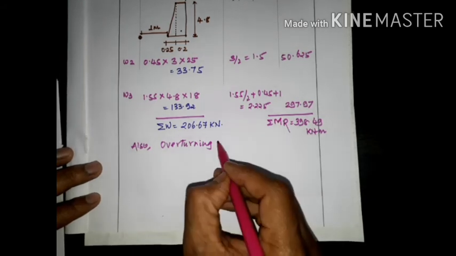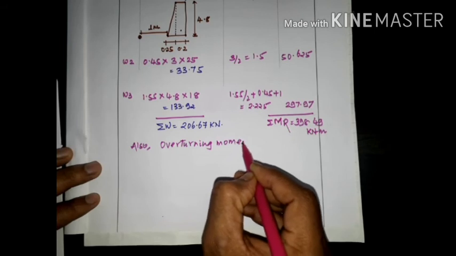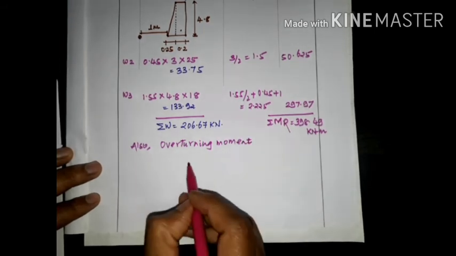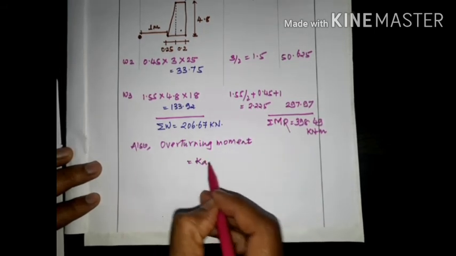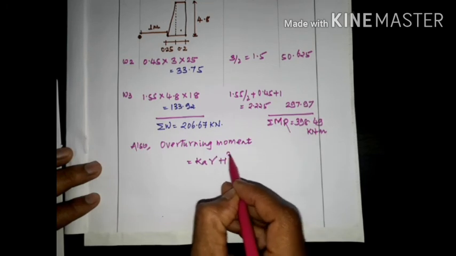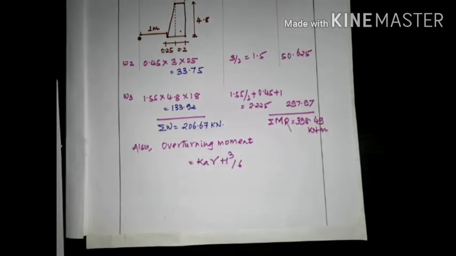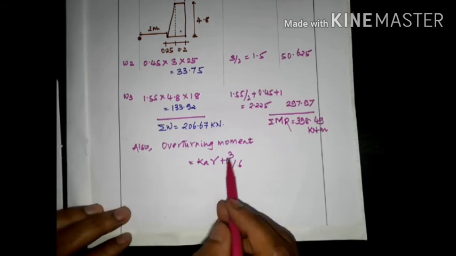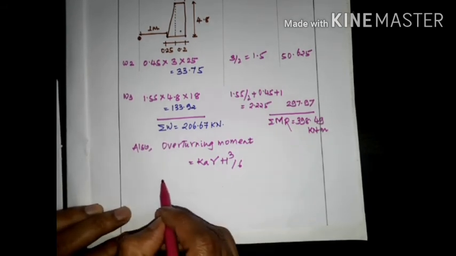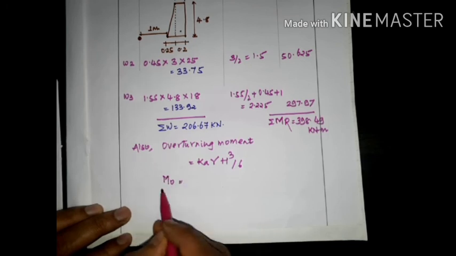The overturning moment is given by Ka into gamma into H cube by 6, where you consider the capital H, the total height of the retaining wall. I'll call it MO, the overturning moment.